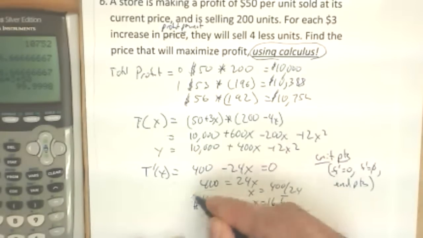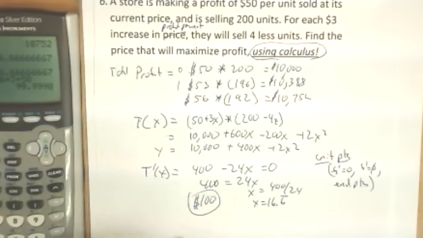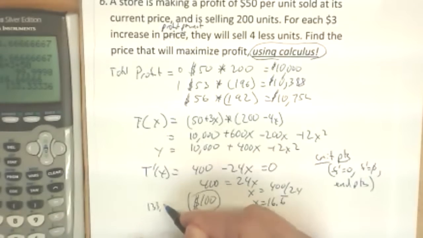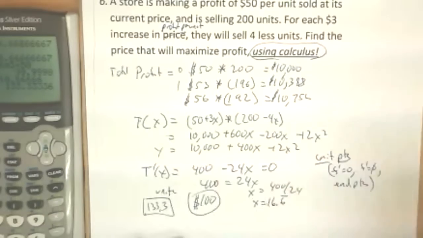Should be charging $100. I will sell 200 minus 4 times that x. I'll sell 133 and 1/3 of these units if that's possible to sell a third. Units sold, and then multiply the two together and you'll have your total profit.